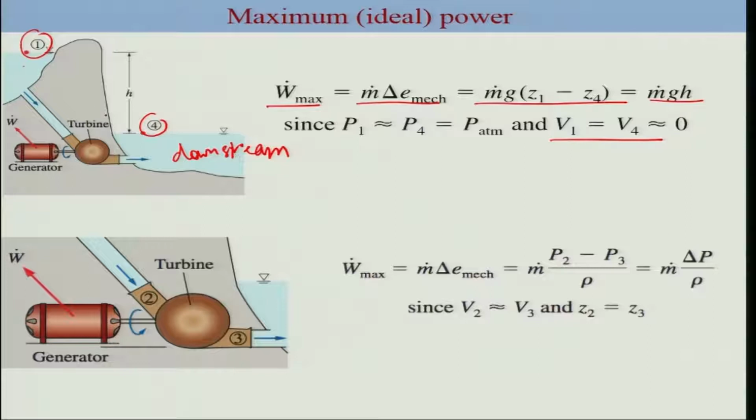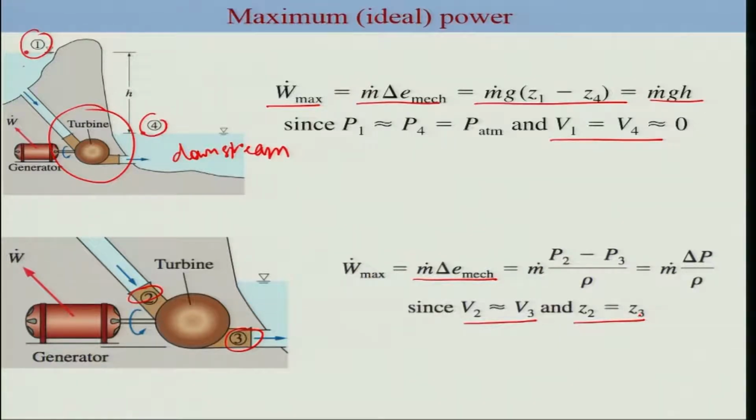Now you can also express this maximum ideal power in terms of the pressure drop across the device, that is the turbine, and this is the second case. Here you apply the same expression, but now you are considering points 2 and 3. Okay, now here the velocity is almost the same, that means it is not changing much. The elevation is also almost similar.